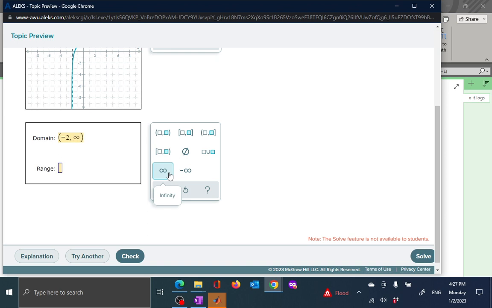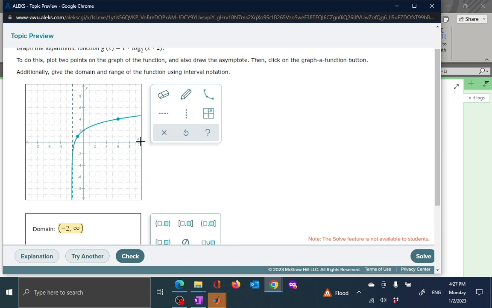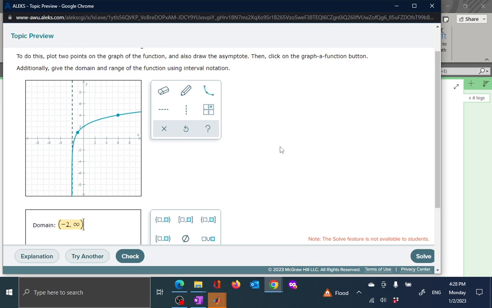The domain of the regular logarithm from 0 to infinity, we shift it by 2 to the left, so that's how it's going to be. So the domain is the set of numbers above or below which we have the graph. -2 itself is excluded because at that point logarithm of 0 is undefined.